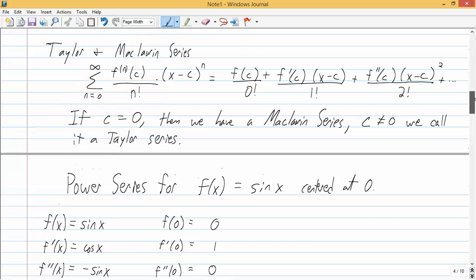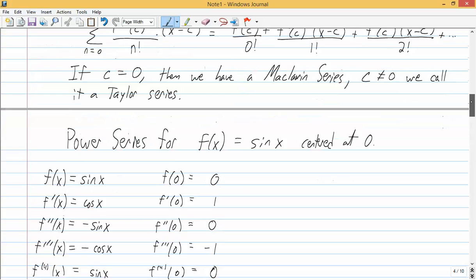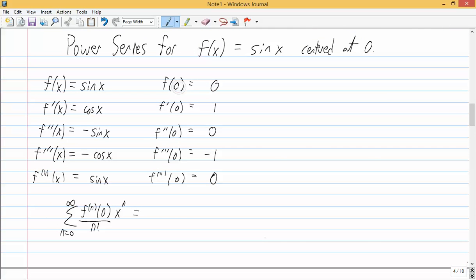We need f of c divided by 0 factorial. We were centered at 0, so the first term is just 0 divided by 0 factorial.